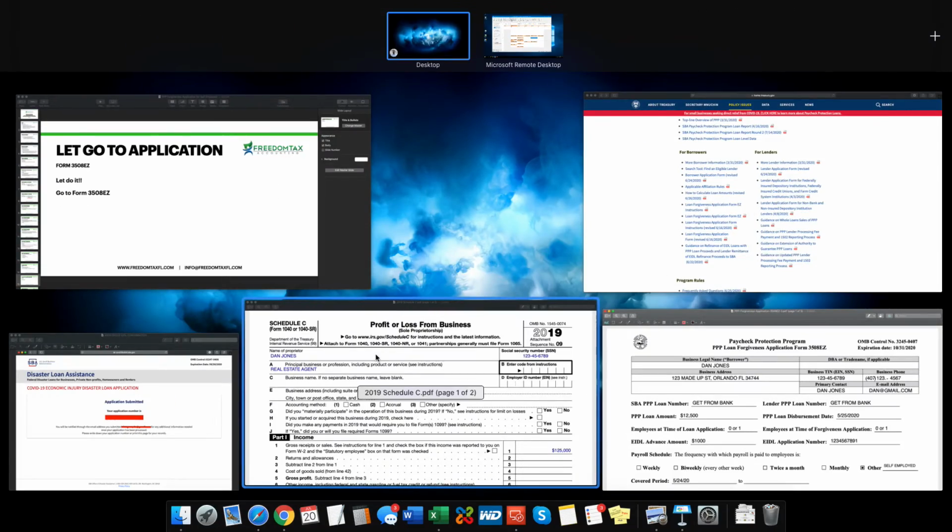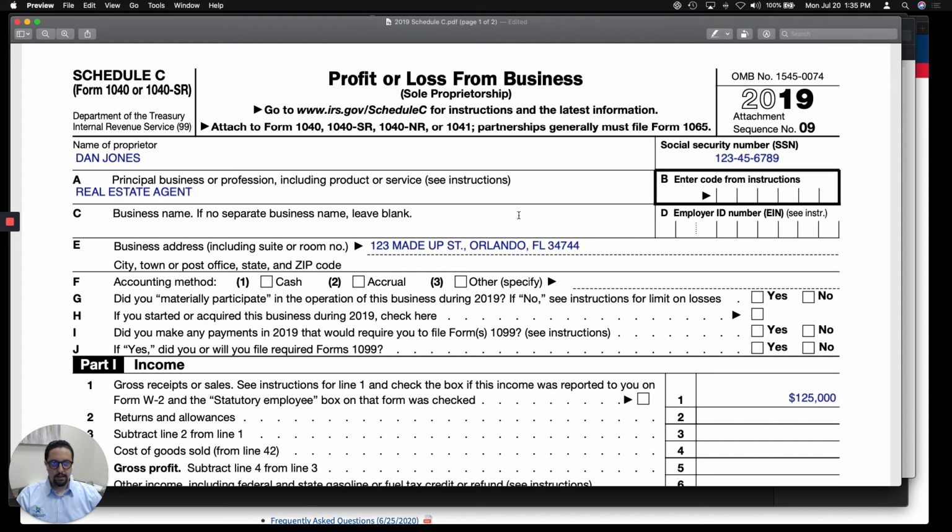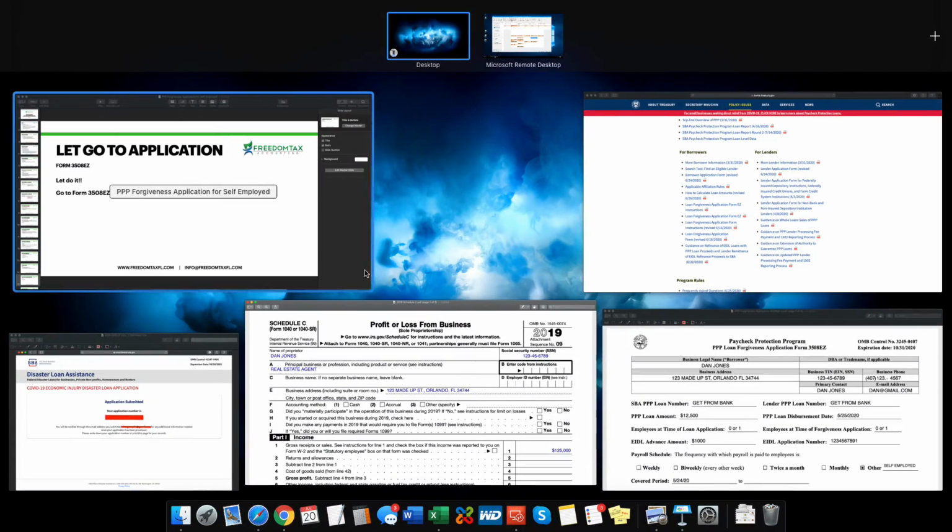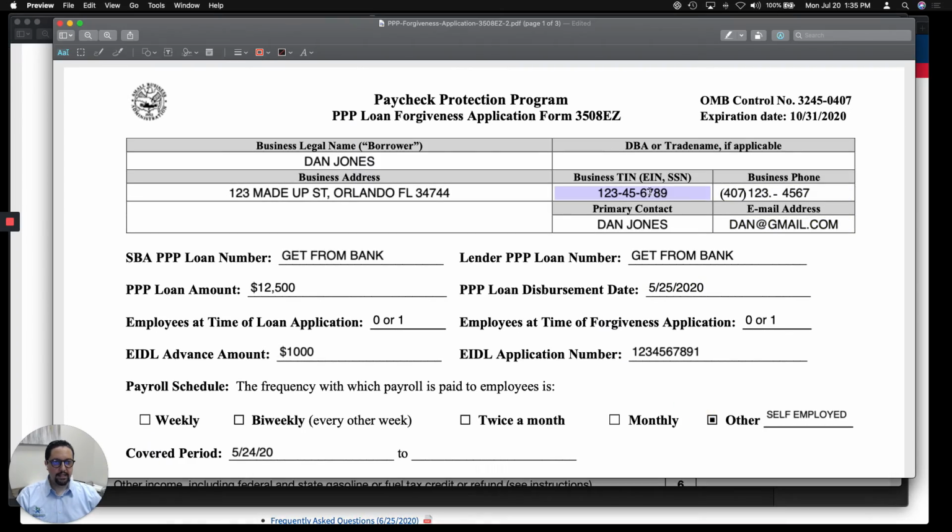If you go to your Schedule C and you see an EIN number here, it means that you're working under an EIN number, and this is the number you're going to put in the PPP application. If you do not see a number here and you only see your social up here, then that is the number you're going to add in this box. Here you put your business phone. Primary contact is going to be your name and the contact email address.